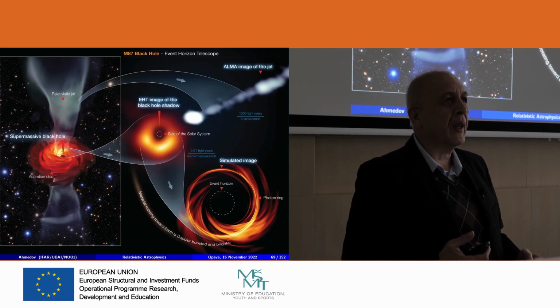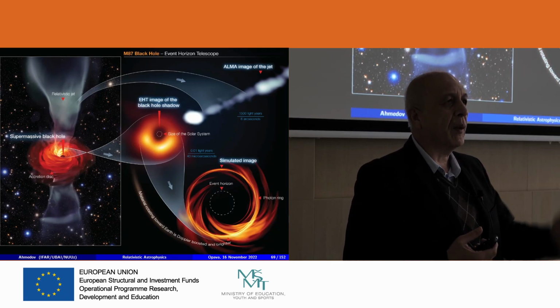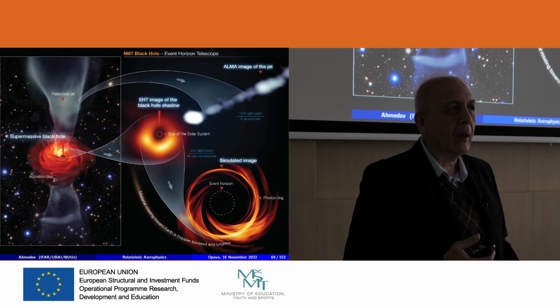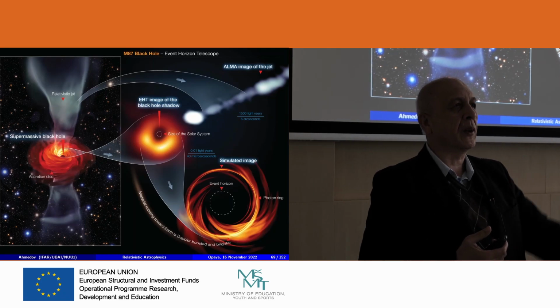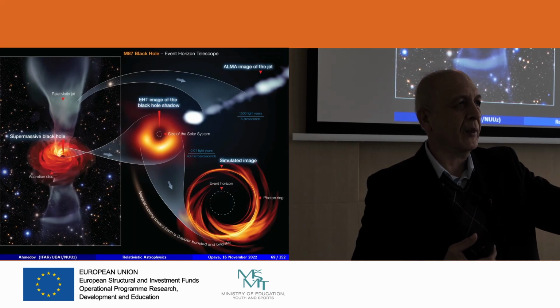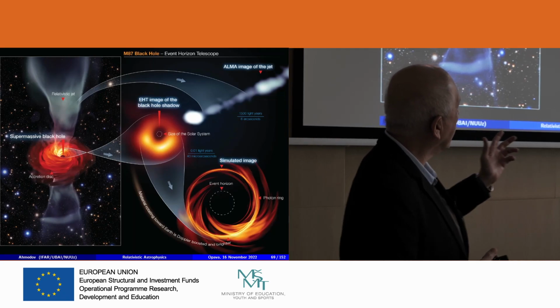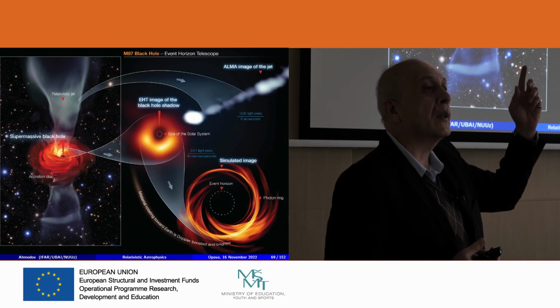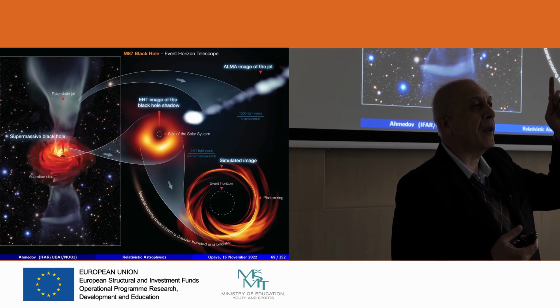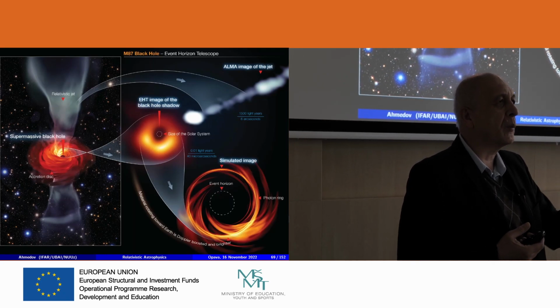If you have an array of radio telescopes comparable with the size of the Earth, then it is possible. Then D becomes equal to 6,300 kilometers, and at the top, what is important? Lambda should not be very big, so with a centimeter telescope you can't do it.